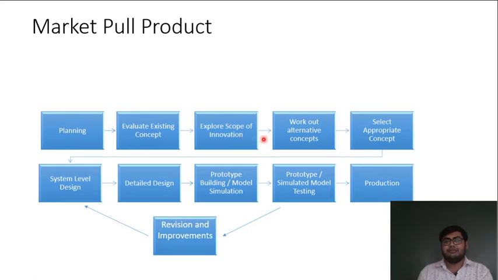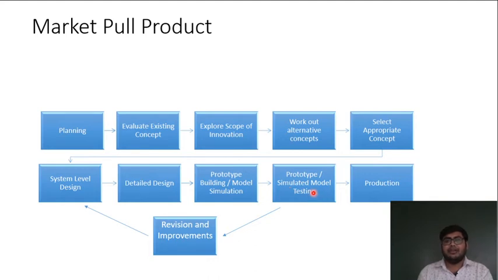Then we try to figure out some alternative concepts and select the best appropriate concept, and on that concept we'll make system level design and then detailed design, and then we'll build prototype and model simulation will be done, and then testing will be done.